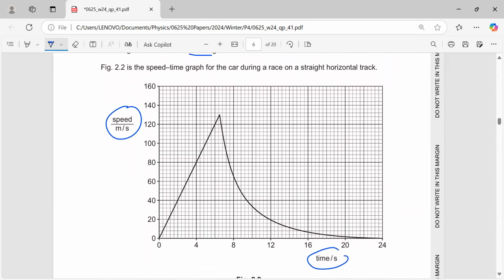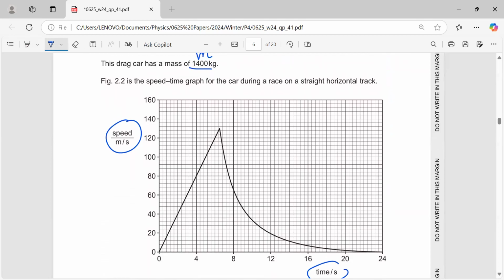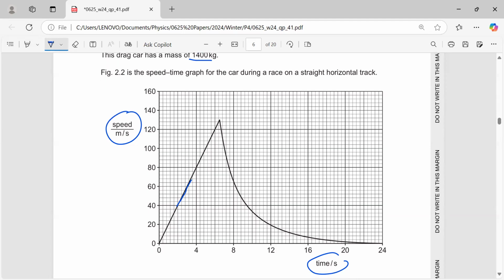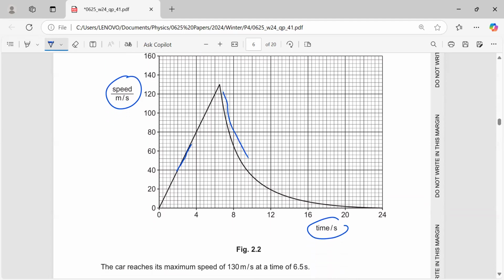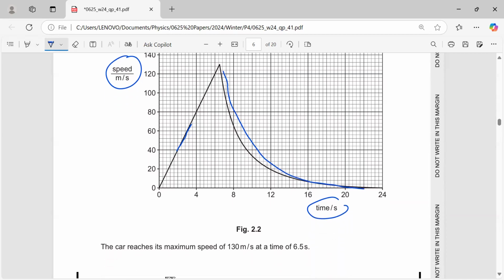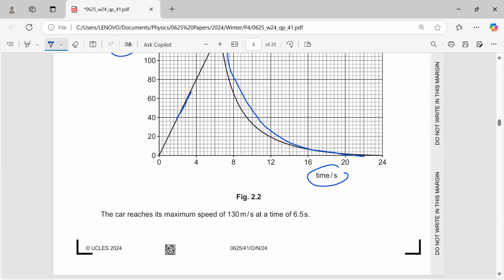Initially the speed keeps on increasing, and then it's decreasing like that. If there is a decrease in speed, definitely there will be a deceleration during the curve, and it's not constant here. Why? Because a straight line represents constant deceleration, but here we have a curve, so it's not a constant deceleration.